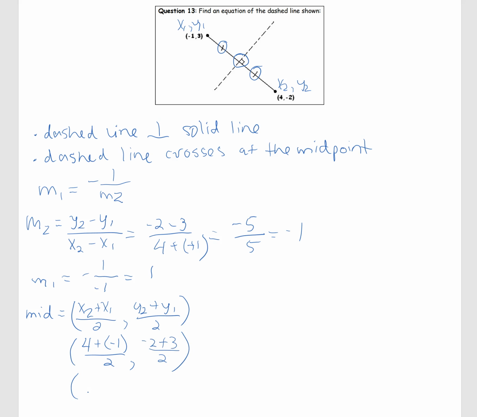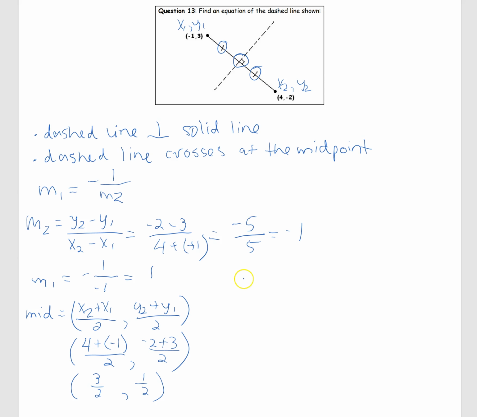And evaluating that out, 4 plus negative 1 is 3 over 2. Negative 2 plus 3 is 1 over 2 on this side. So the coordinates of our midpoint are x equals 3/2, y equals 1/2. And so we can use this point to plug into our point slope equation.